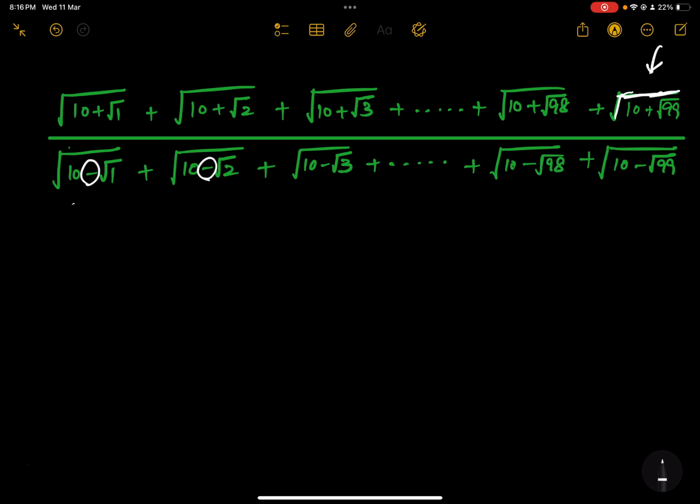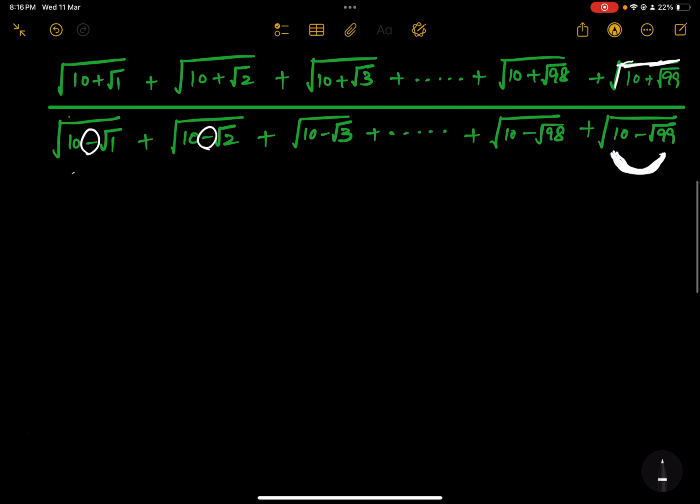The answer might be that once you go beyond 99, this term will become negative. And if he's asking till somewhere like root 50, the question doesn't look beautiful. There is a pattern that is being followed here. So by looking at these numbers, you should get a hint.